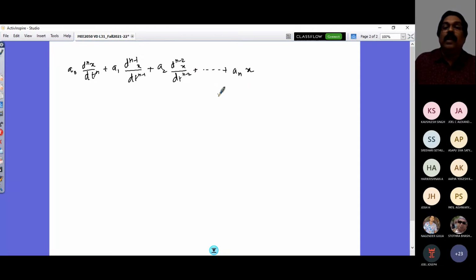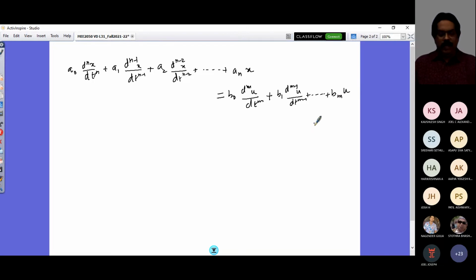And that would be equal to b0 d^m u/dt^m plus b1 d^(m-1) u/dt^(m-1) plus, and so on, plus bm u. So this is our general equation of an nth order system.